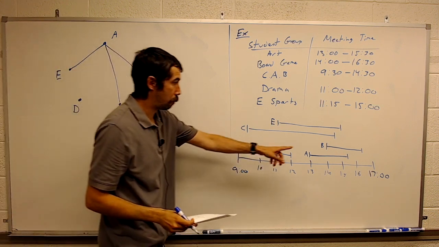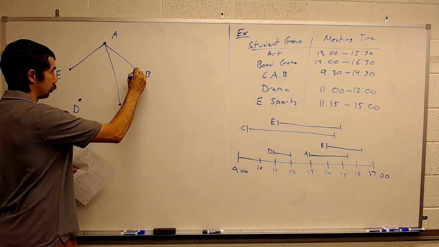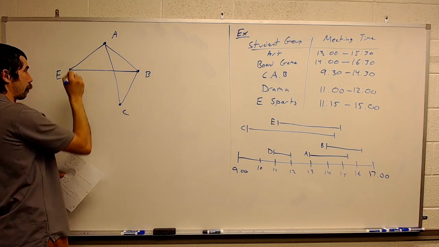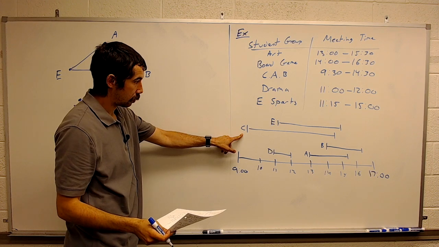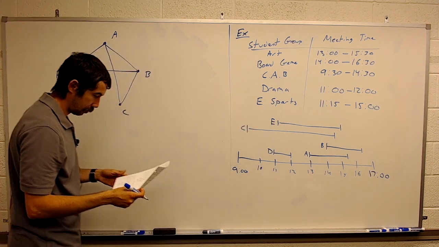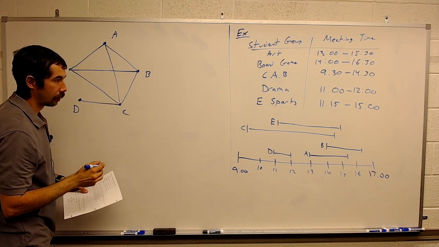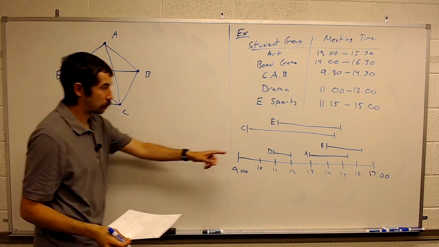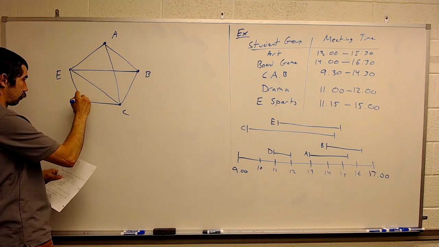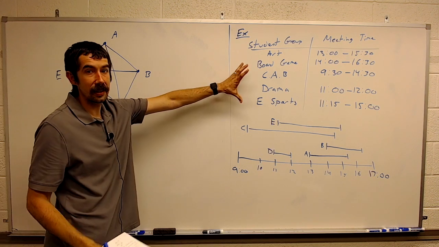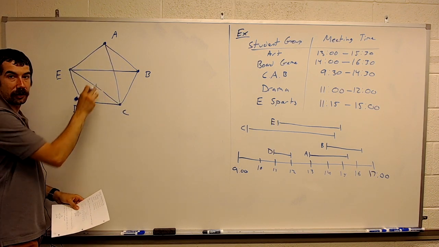All right? B overlaps, we've already done A, with C and E. C overlaps with everything. D overlaps, well, we've already got C, but it also overlaps with E. All right, so this schedule, we capture the information with this graph.